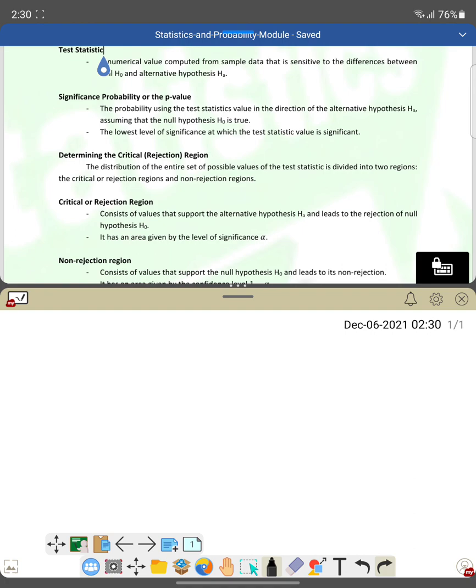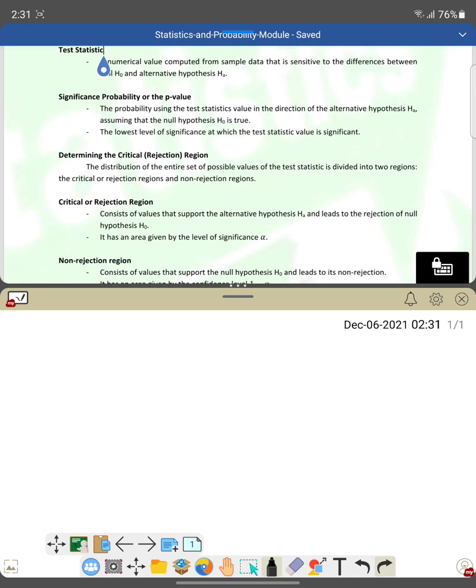So the decision making is based on where your value is located, either in the rejection region or the non-rejection region. It has an area given by the level of significance, or what we call alpha. Take note, we often use the Greek letter alpha.